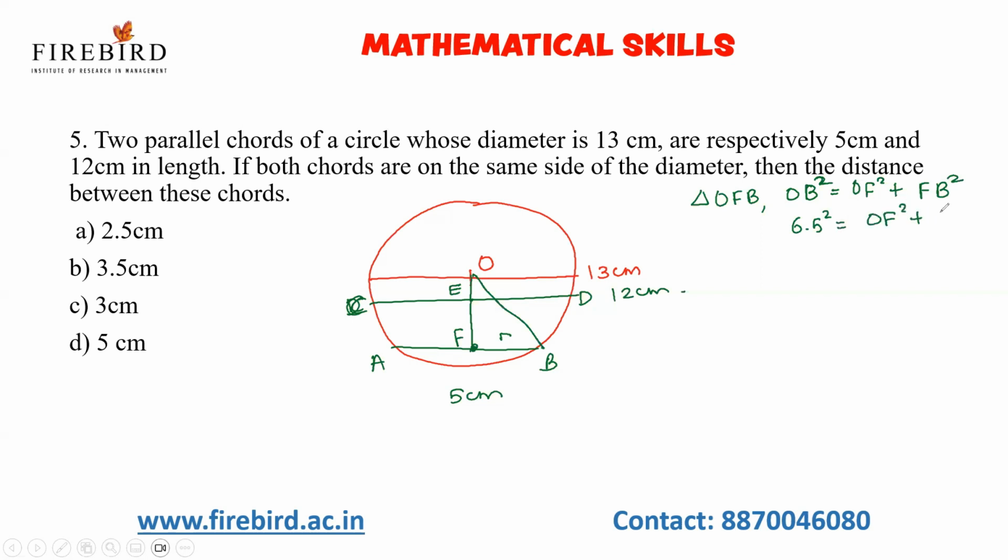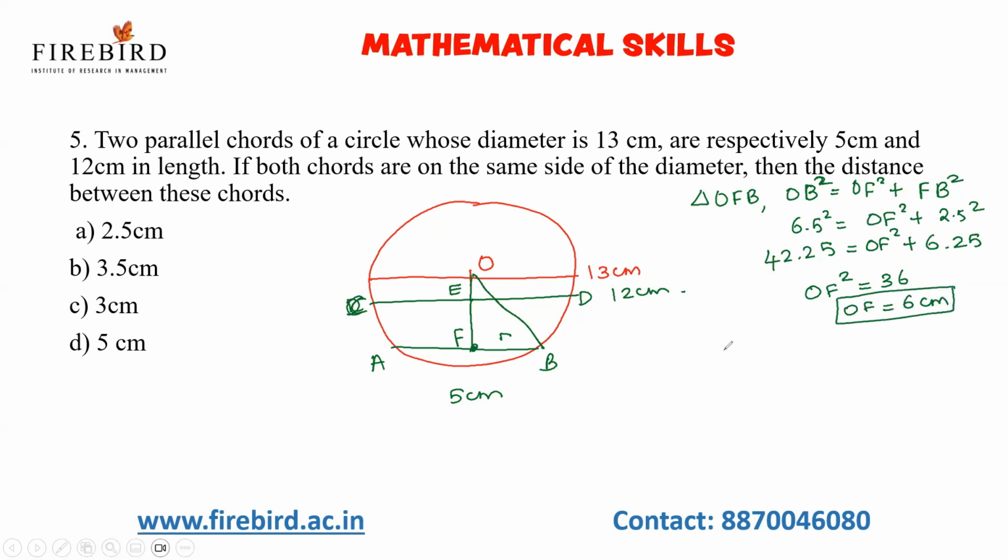And FB is nothing but the half of the chord value, 2.5 square. Okay, now what is 6.5 square? 42.25 is equal to OF square plus 2.5 square, 6.25. So OF square is equal to 36 and OF is equal to 6 centimeter.